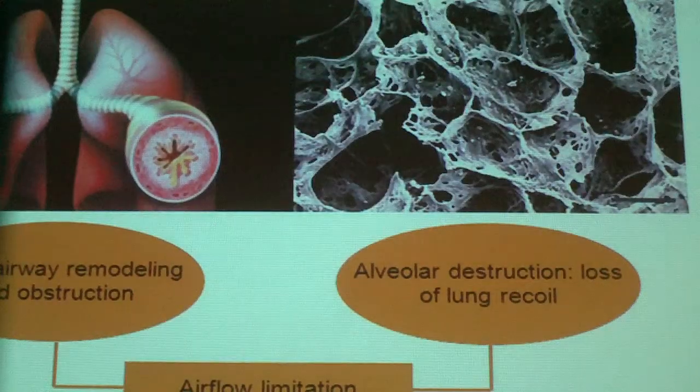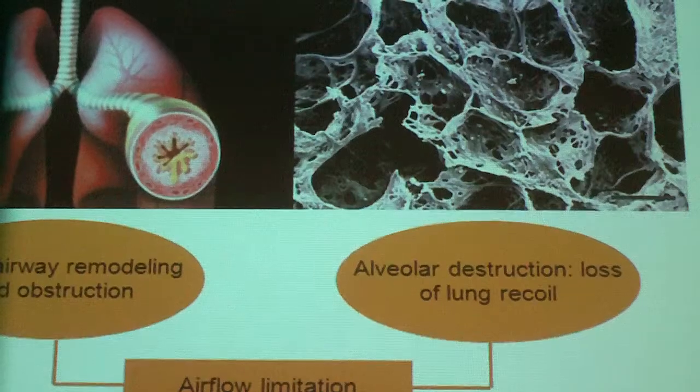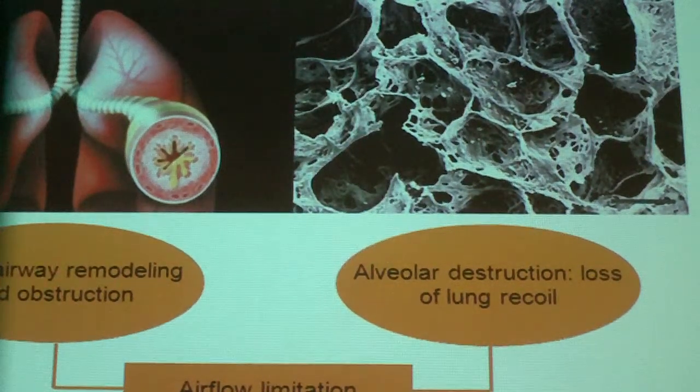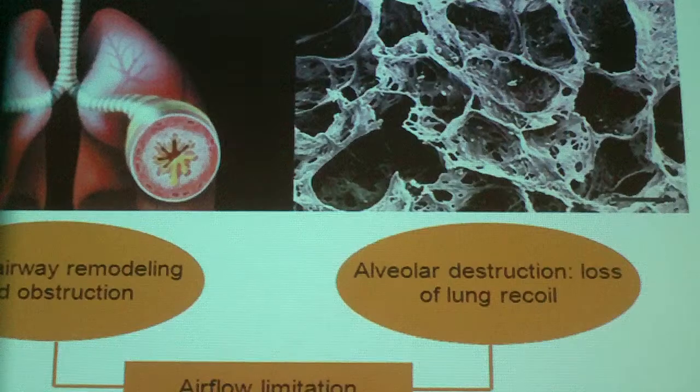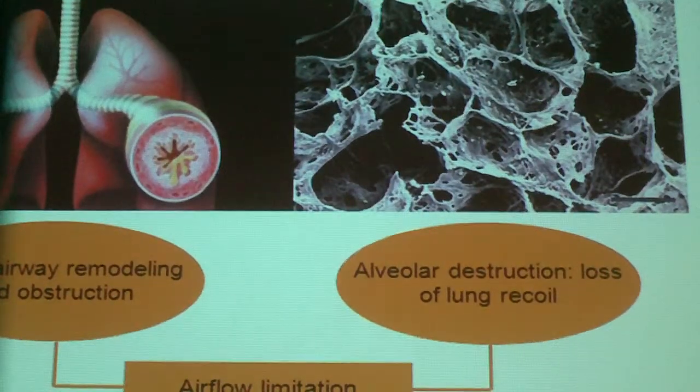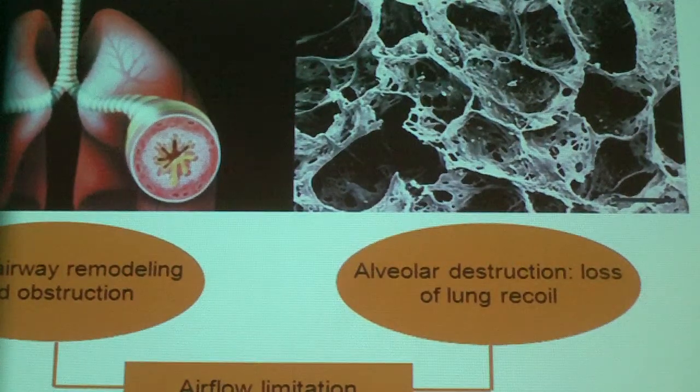So let's have a closer look at that airflow limitation. How does that come? How does a patient with COPD, that inflammatory process, how does that result in airflow limitation? If we look at the airways, that chronic inflammatory process means an inflammation of the bronchial wall, which gives, because of the inflammation, thickening of the wall, but also results in small airway remodeling and obstruction of the airways.